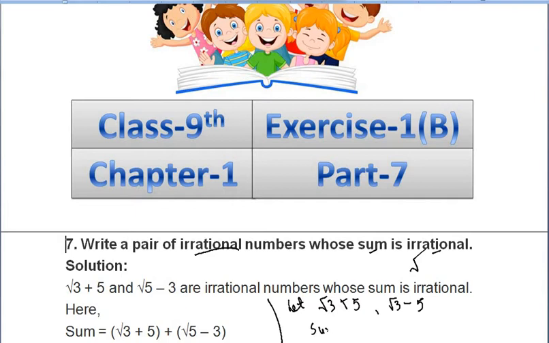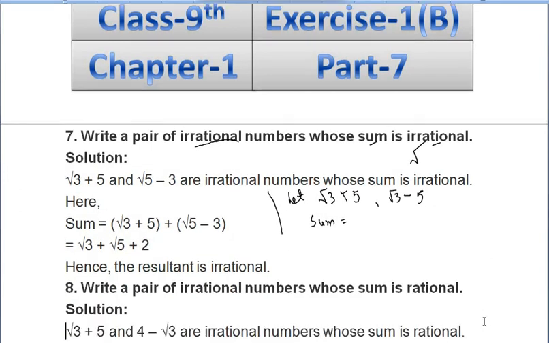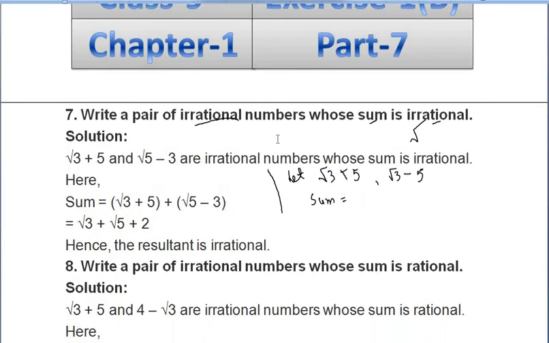and we will find the sum. Sum we can find like this: under root 3 plus 5 plus under root 3 minus 5.